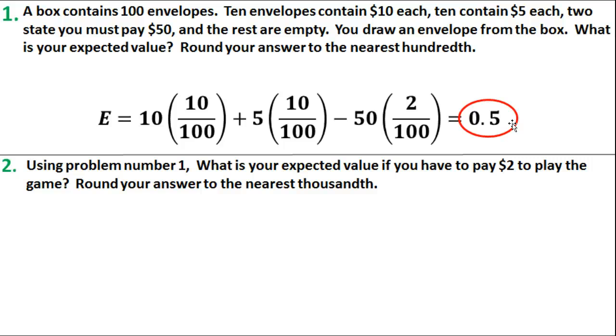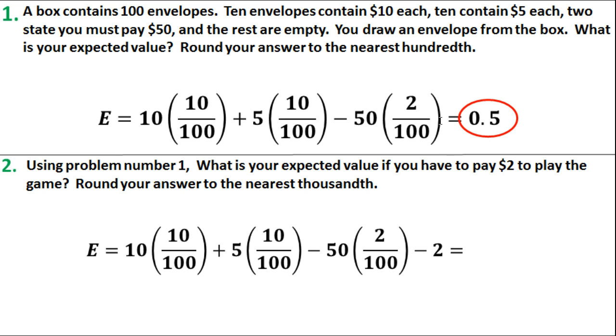Now we have to pay $2 to play this game. So that means our expected value is going to be the exact same here with one slight variation. That is that we're going to subtract $2 because we had to pay $2 to play this game. So now we're actually losing $1.50 every time we play that game, assuming that we play it over numerous occasions.